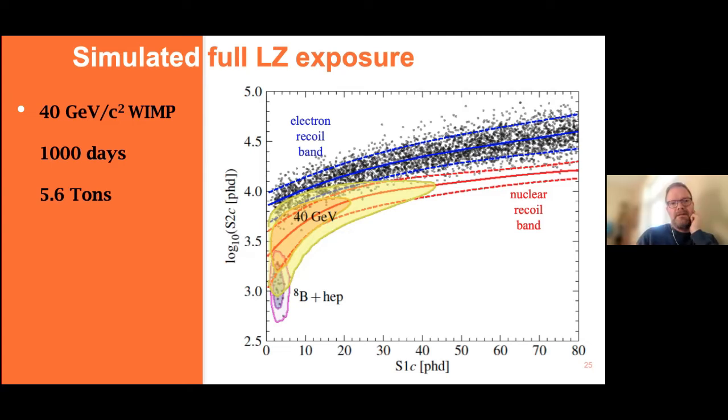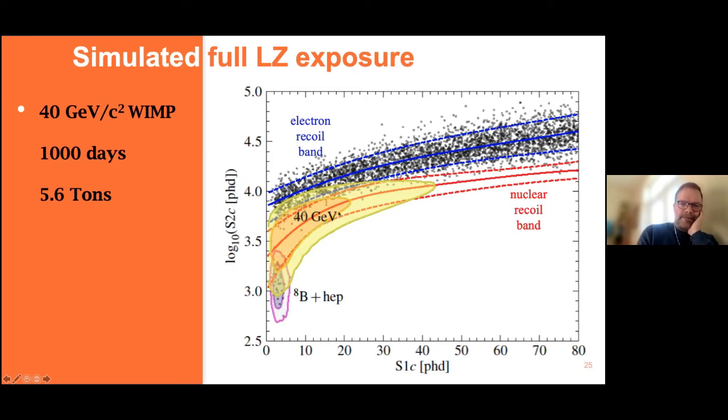In blue here you see the electron recoil band, then somewhat below, but still separated, and I think these bands include 90% of the events, you see the nuclear recoil band, which is slightly lower. And then here for illustration, a 40 GeV WIMP signal is overlaid where you would expect it.